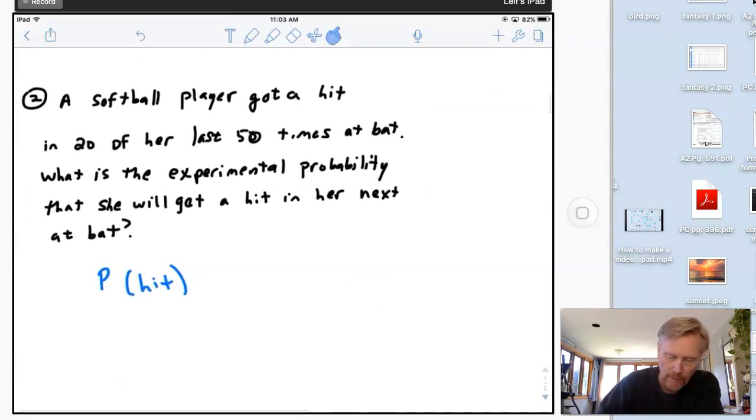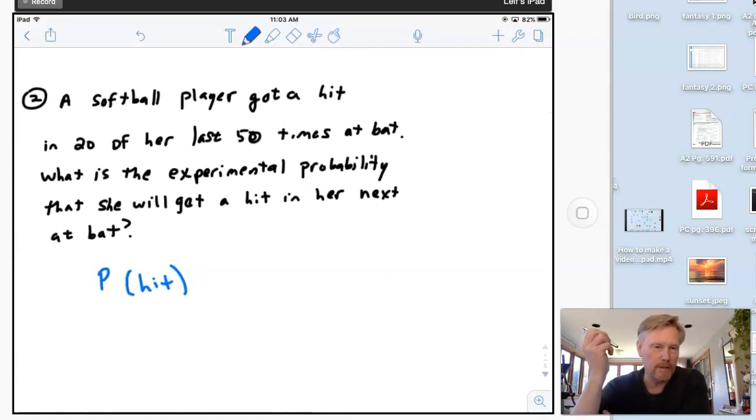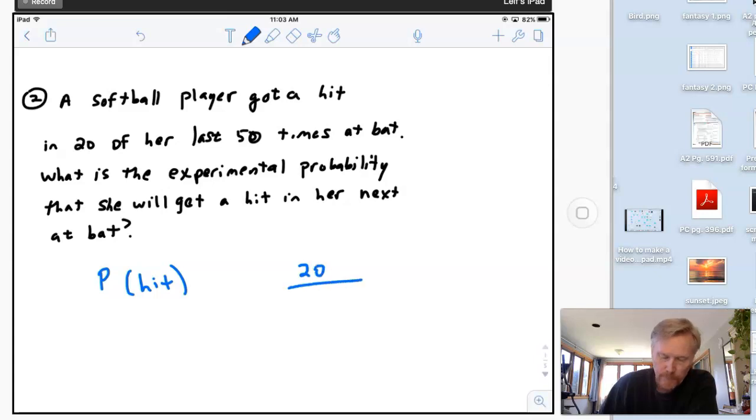So probability is the number of favorable outcomes over the total number of outcomes, which means the favorable outcomes would be getting a hit. The total number of possible outcomes, well, she was at bat 50 times and got 20 hits, so that's 20 out of 50, okay?